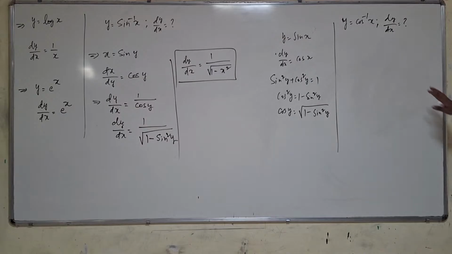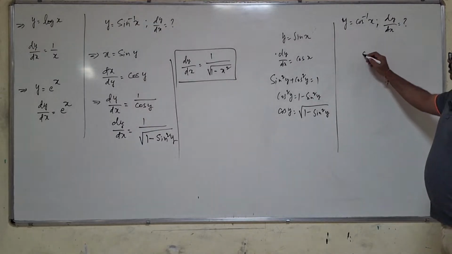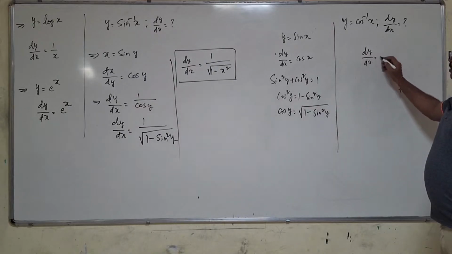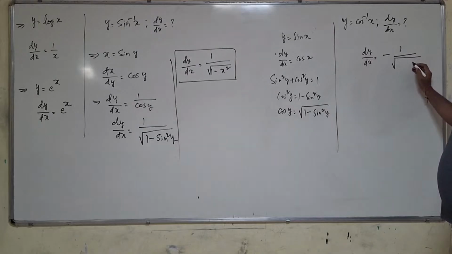What are you getting in this case? Minus 1 by square root of 1 minus x square. Is it? Okay. Correct.